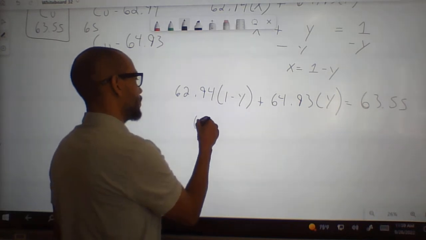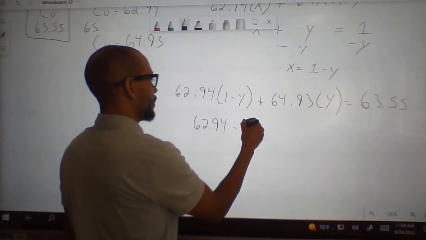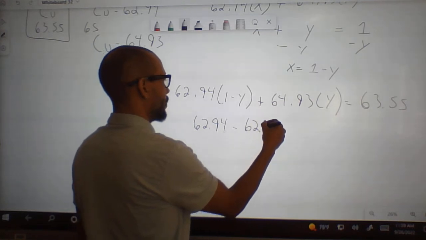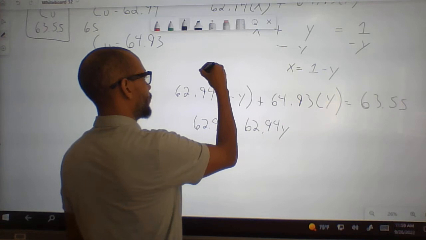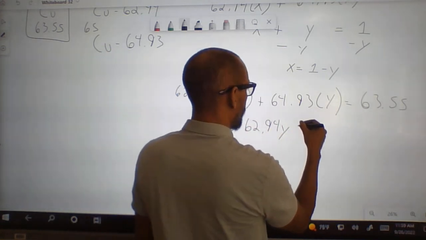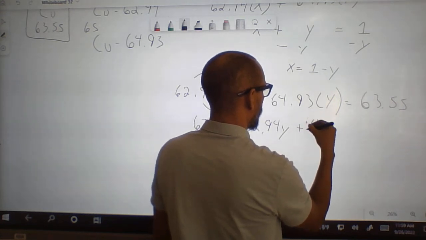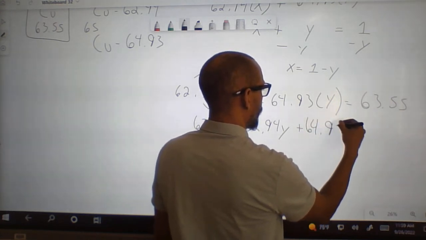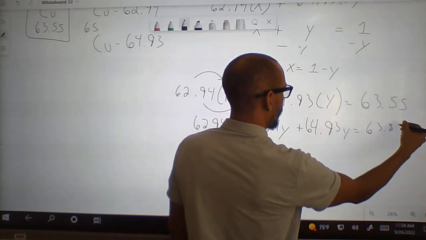And then from there, we just solve for the variable y. So this will be 62.94 minus 62.94y. I'm just distributing, of course. And we'll have plus 64.93y equals 63.55.